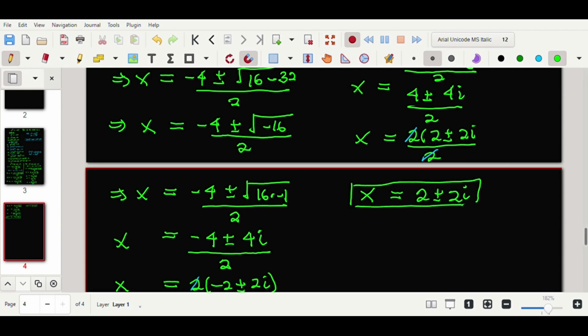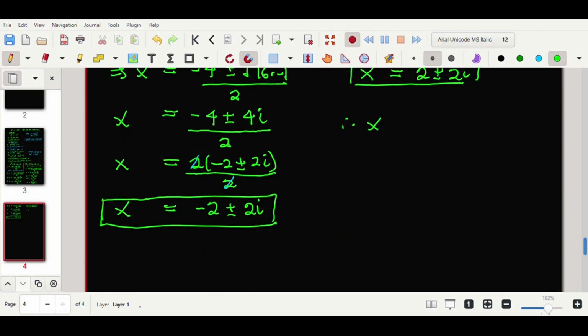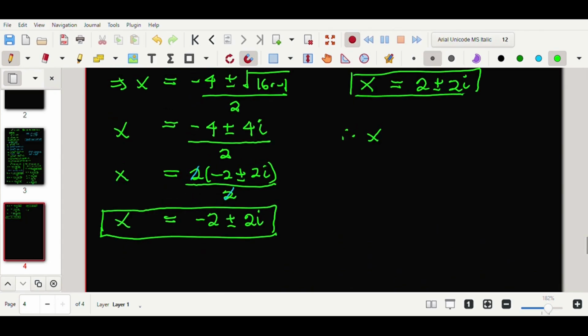So therefore x1 equals minus 2 plus 2i, x2 equals minus 2 minus 2i.